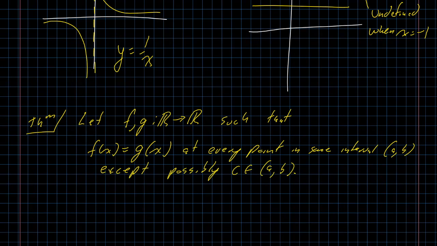Let's consider two functions f and g such that f of x is equal to g of x at every point in some interval (a, b), except possibly at a point called c in that interval.